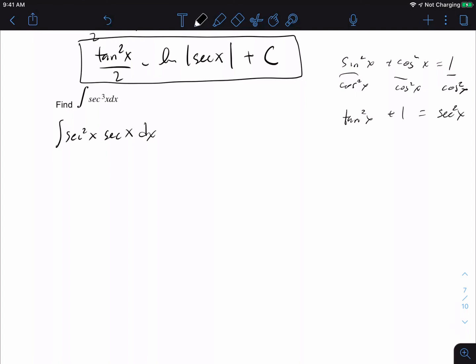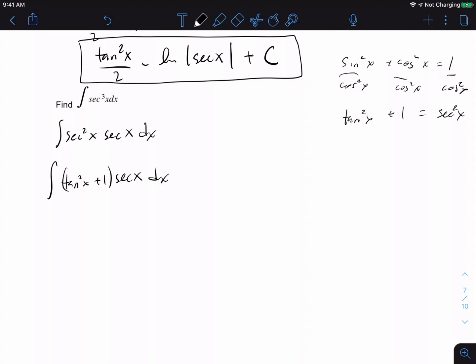So that's how I've done it, right? I don't have a lot of space in my brain. I'm not that smart, so I just memorize one and then generate it from there. So if we go that way, we're going to get tangent squared x plus 1 times secant x.